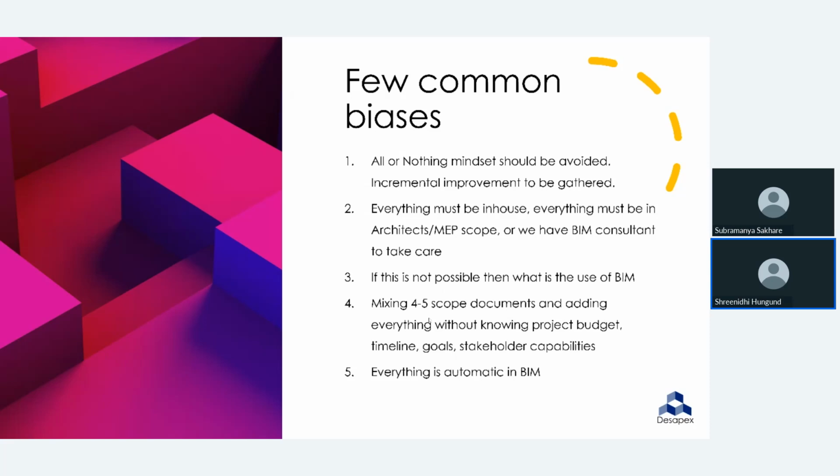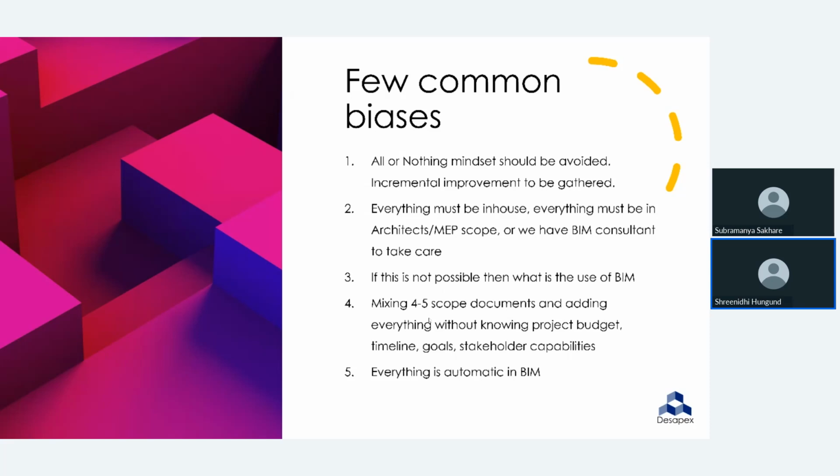They use these 2, 3, 4 scope documents, copy paste them, and then without knowing the project budget... when we go to the customer the first time, if you read the document, it is worth maybe $1 million, but when we start discussing these things in detail, they come to know that this is not required, but it might have been written in the document.